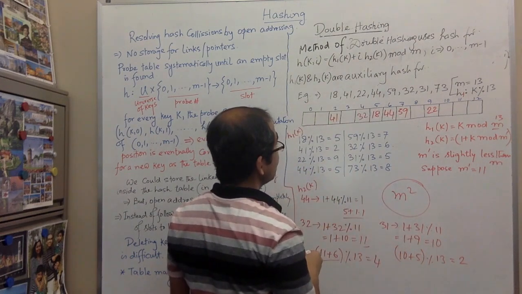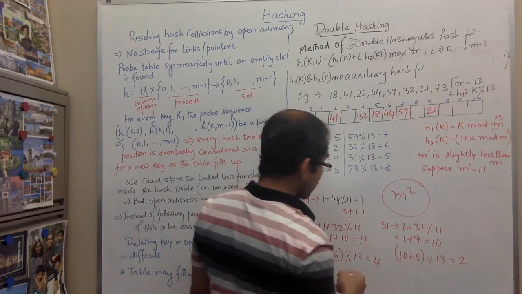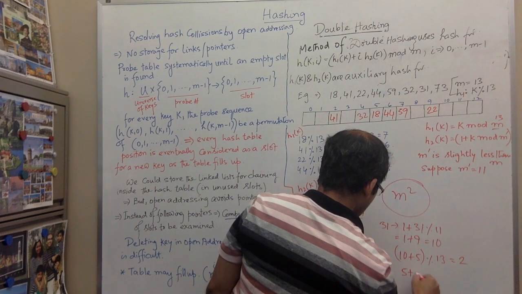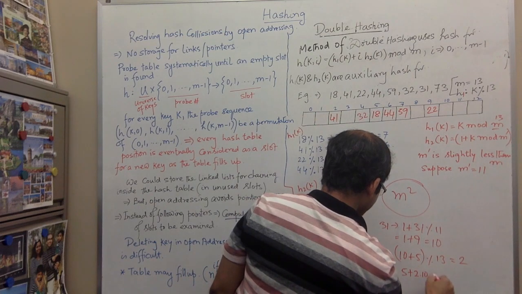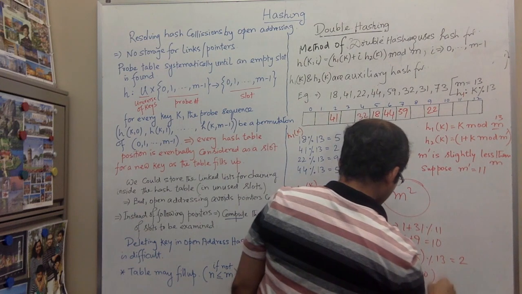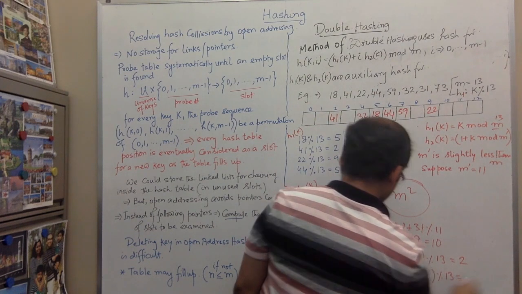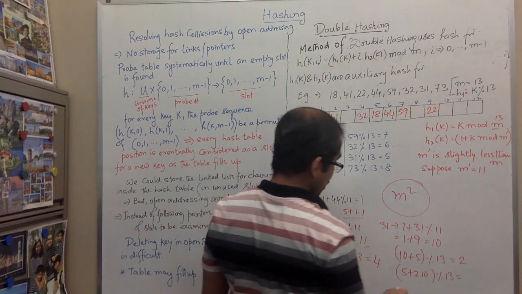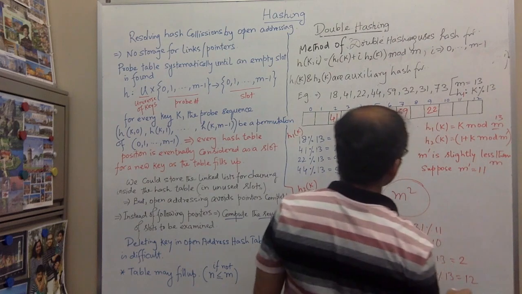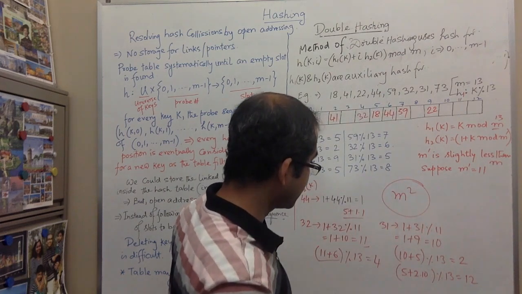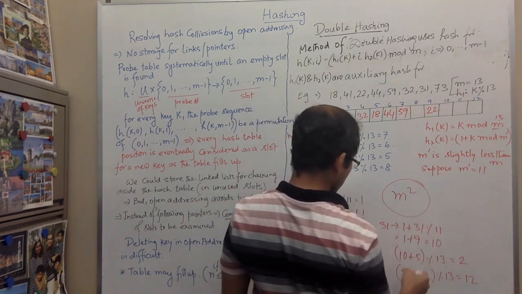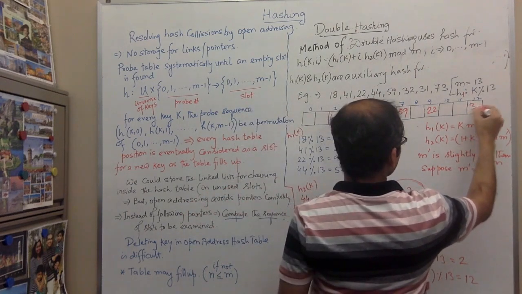Position 2 is still full, 41 is there. So now we have to calculate 5 plus 2 times 10, that is 25 mod 13, so 12. Yes, 12. So 31 will go here.